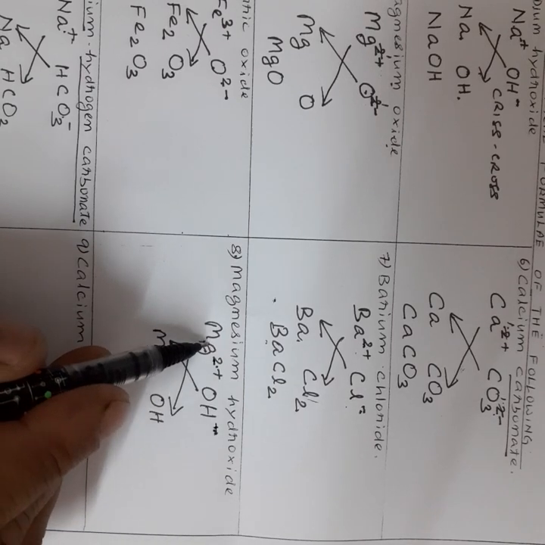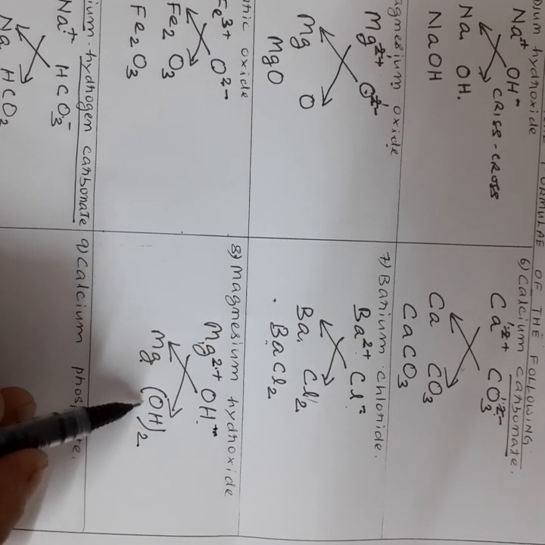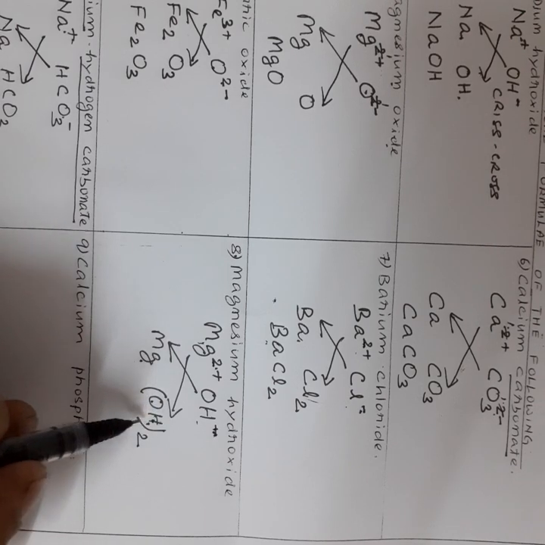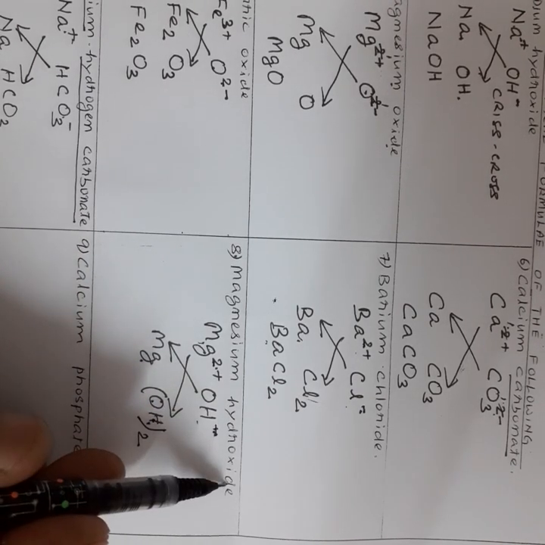This 2 that belongs to Mg will now go to the lower backside of OH only after a bracket at the bottom of OH, because OH is a compound ion, meaning contains more than one type of atom. Here you see hydroxide contains oxygen and hydrogen atom. So when an ion contains more than one type of atom, it's called a compound ion. So hydroxide is a compound ion.